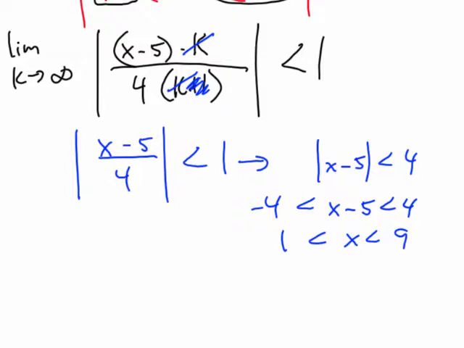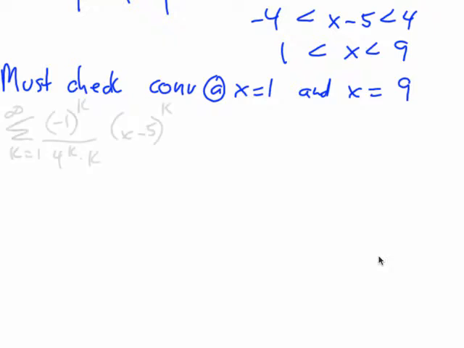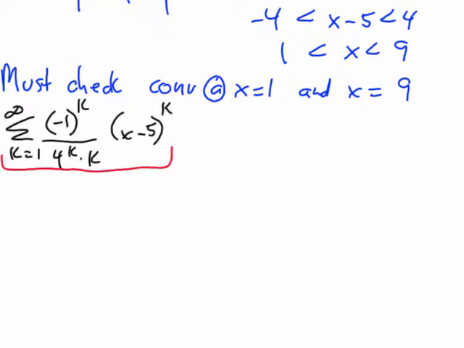Now we need to be careful that we're not finished yet, because we need to check the convergence at 1 and 9 separately. So we must check convergence at x equals 1 and x equals 9 separately. So here's my original series again.